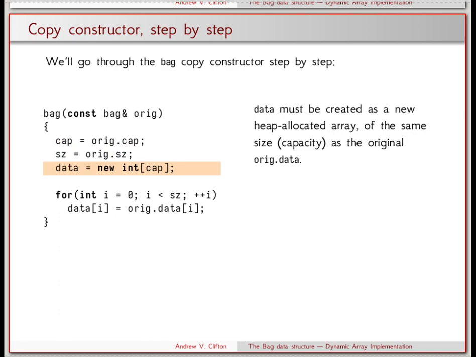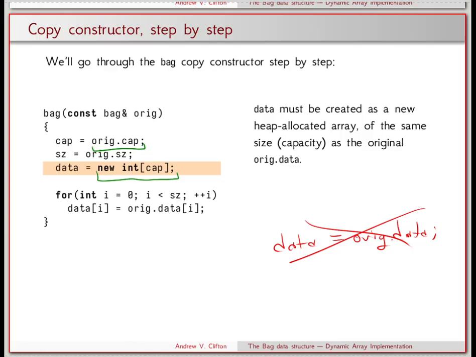But data is a pointer. What we don't want to say is my data is just a straight copy of the original's data, because that gives us two pointers that point at the same thing, and we don't want that. So we're going to create our own array, same capacity as the original.